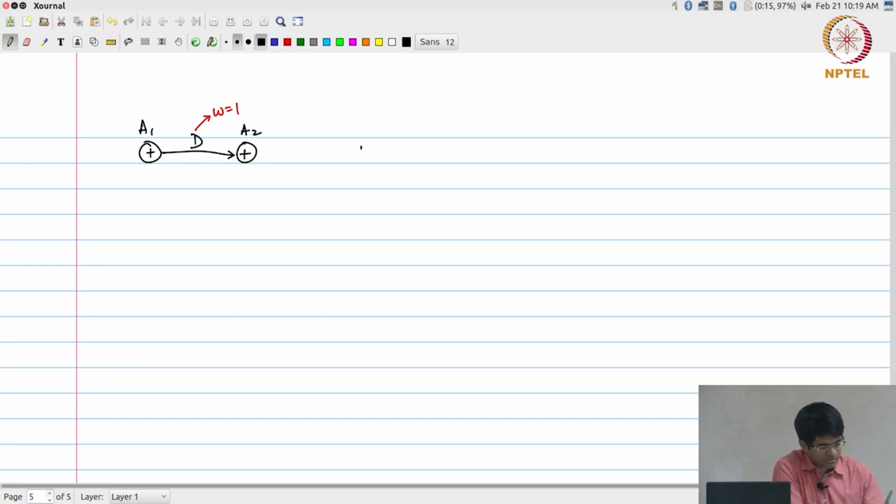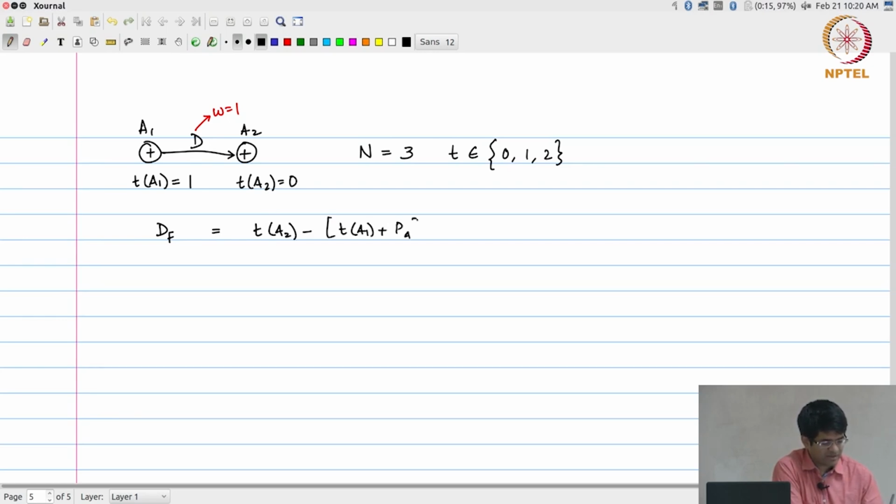Now let us just continue working with n equal to 3. Now interestingly, I can choose any other value of t of a1, and just to see how to do things, I am going to choose t of a1 equal to 1, t of a2 equal to 0, and let us see what happens to the df value now. df equals t of a2 minus t of a1 plus pa plus w times n.